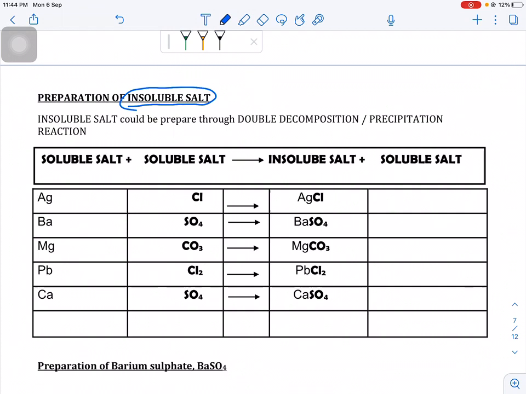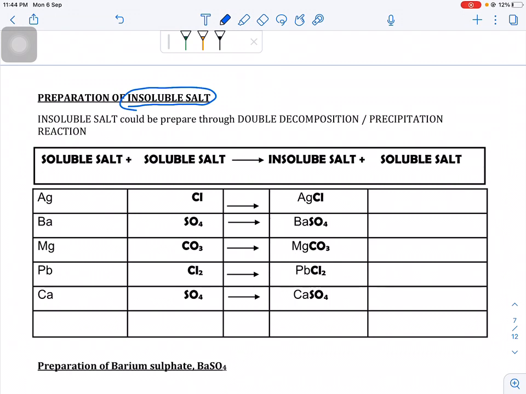But before you learn the preparation of insoluble salt, first you have to make sure you can recognize which ones are soluble salts. Okay, what are the soluble salts? So if you already recognize the insoluble salt, let's start.